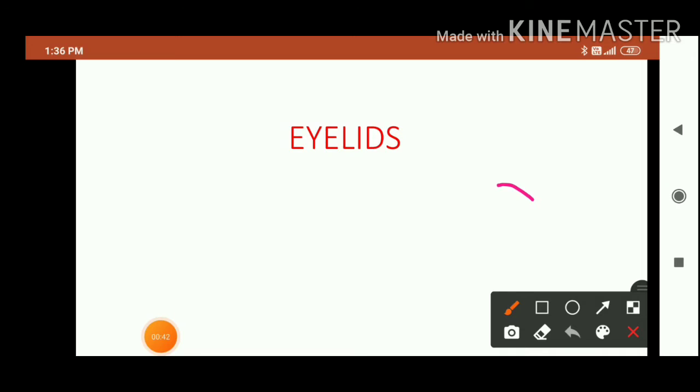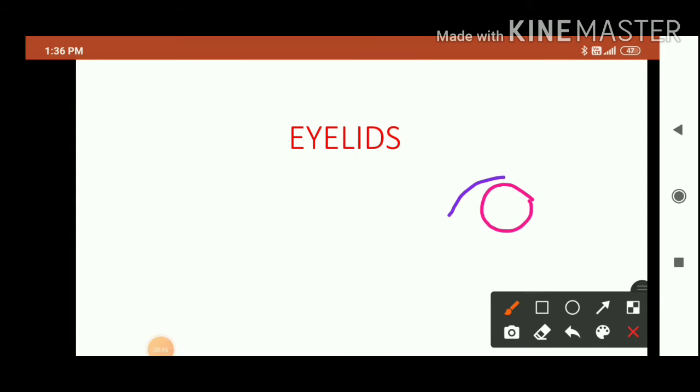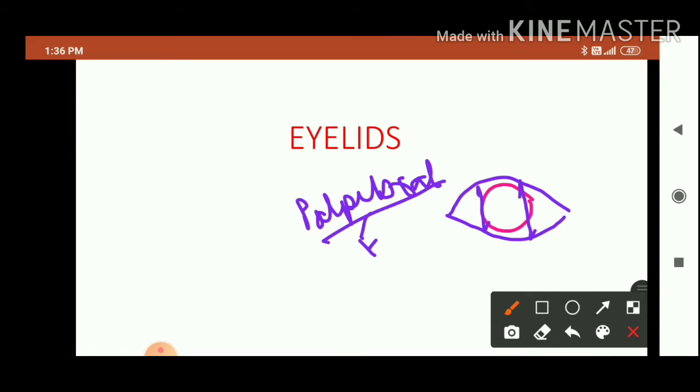Now for example, if this is the eyeball and we are having the eyelids like this, there is a space present between the superior and the inferior eyelids, and this space is known as the palpebral fissure.